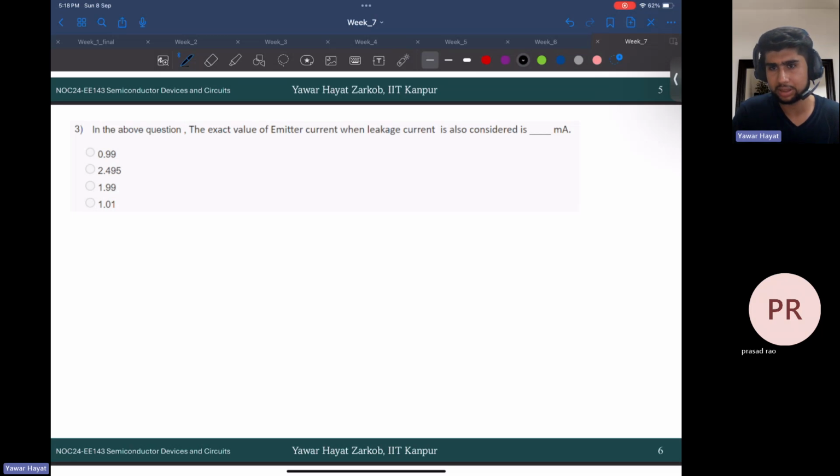Prasadra, would you like to attempt it? All you need is a basic trivial equation of BJT. What is the relation between the emitter, collector, and base currents? What is the relation between IC, IB, and IE?